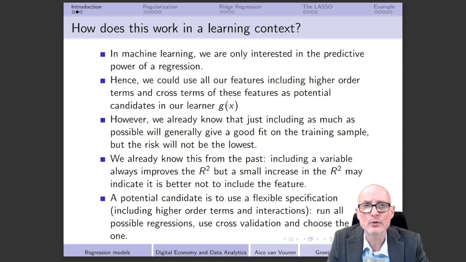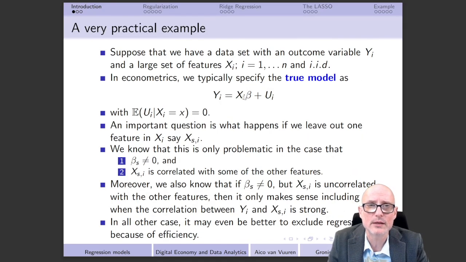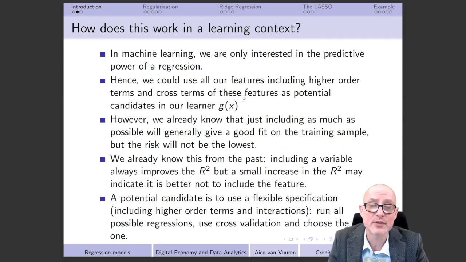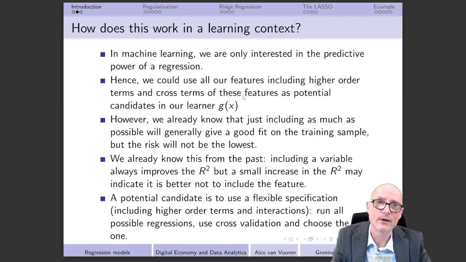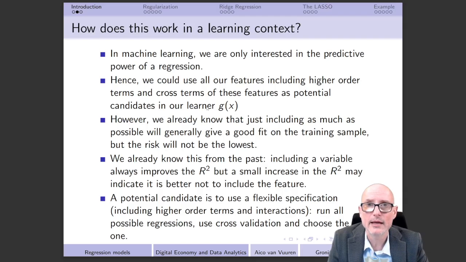So what we could do is include all our features. That means all the features, not only the ones that were included in the true model, but any kind of features that we can think of that we have in our data set. And we might not only include those features themselves, but also the cross terms, interrelating them with each other.